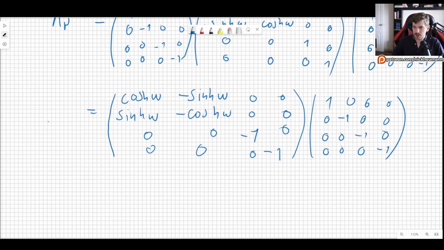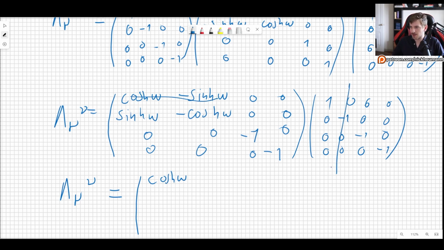Again, this is lambda mu nu. We're simply finding the explicit form: cosh omega. Then we have this times this, so we get positive sinh omega.